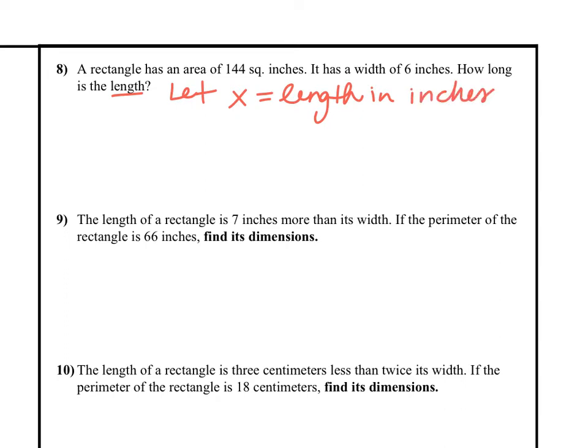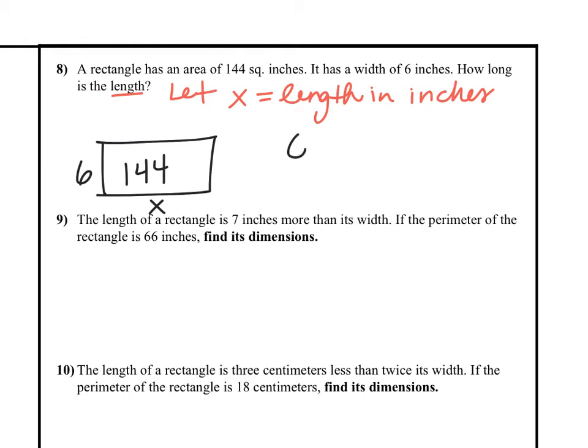And I'm going to draw a picture. Here's my rectangle. He's so cute. My area is 144 inches squared. And the width is 6. So here's my width. I don't know how long is the length. We discussed in class to find area, it's length times the width.